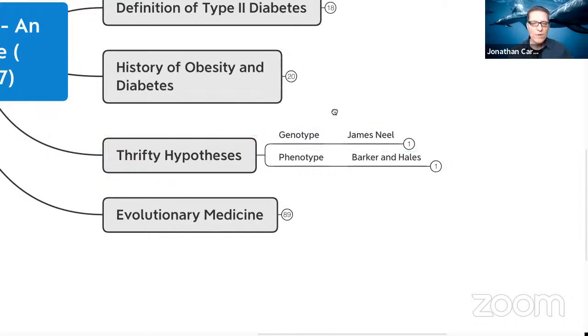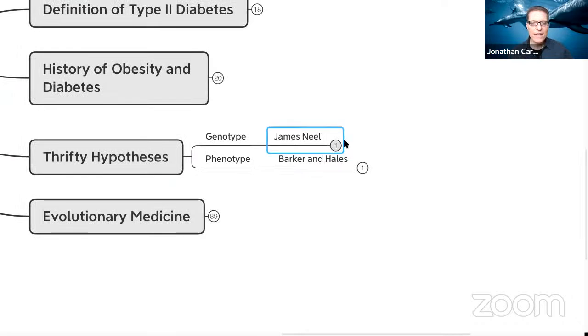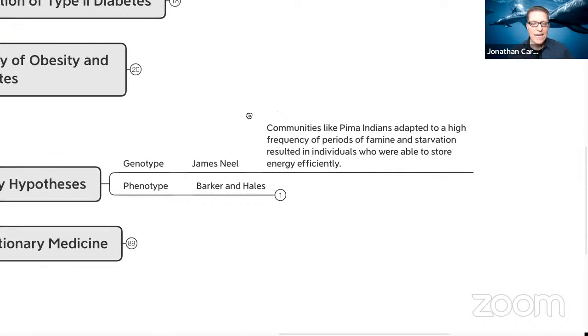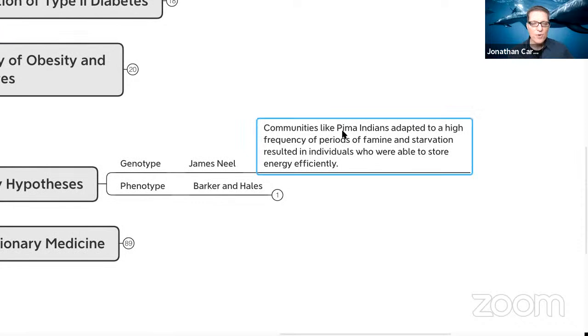And this was popularized by James Neel, using the example of a community of Pima Indians in the Southwest that has, I believe, the highest rate of diabetes in the United States. Again, the idea is that they were adapted to a high frequency of periods of famine and starvation, which resulted in individuals who were able to store energy efficiently, energy being fat.